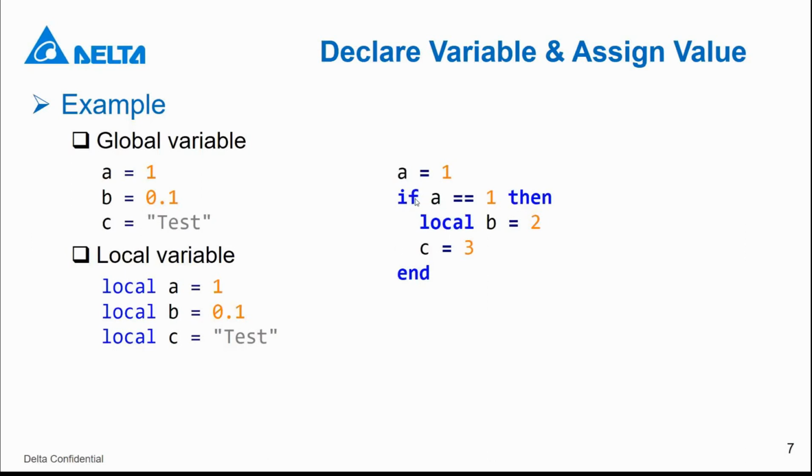In the if, we define a local variable b equal to 2, and a global variable c equal to 3. After the if section, a and c can still be accessed, but b cannot, because it's local. That means it's only available in this section. After this section ends, you cannot read variable b anymore. So that's the difference between global and local variables.